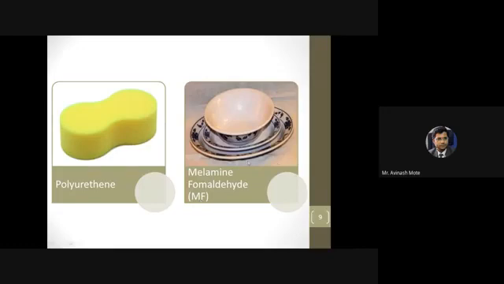Melamine formaldehyde. Now, if you see this picture, you will say that this type of cup or saucer is a ceramic material, bowls or cups. But you can check at your home also.